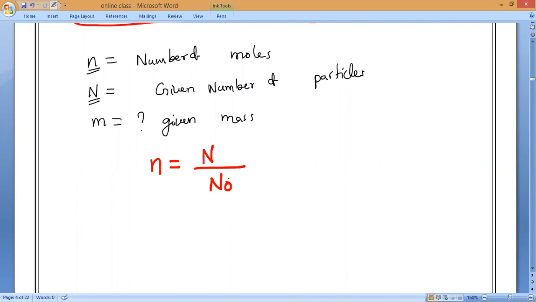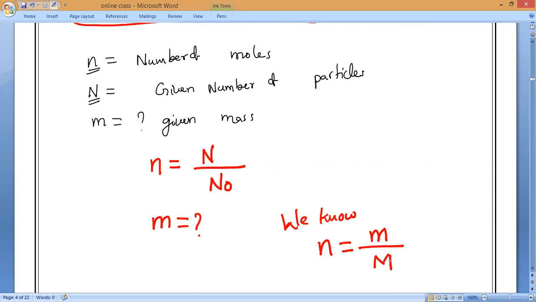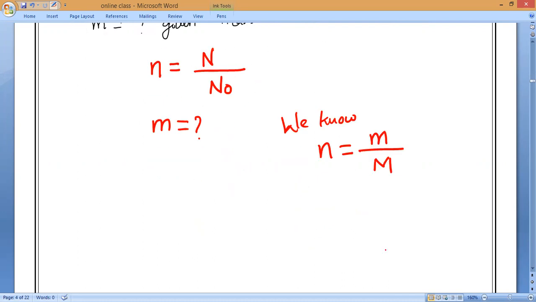Now, if you observe very carefully, they are asking now mass. We know when they are asking given mass, number of moles is equal to, what is the formula? Given mass divided by molar mass. Is it right or wrong? Now, from that, mass will come to this side.